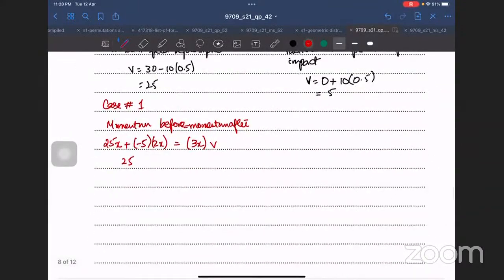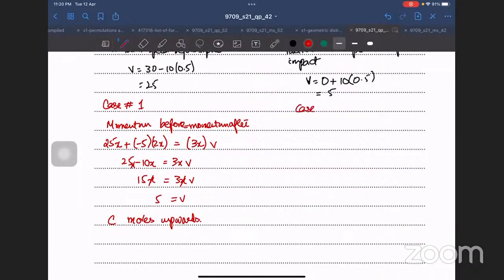Okay. So I get 25x minus 10x equals 3xv. So I get 15x equals 3xv. So in this case, what happens is the particles coalesce and C moves upwards. That tells me that C is now moving upwards.